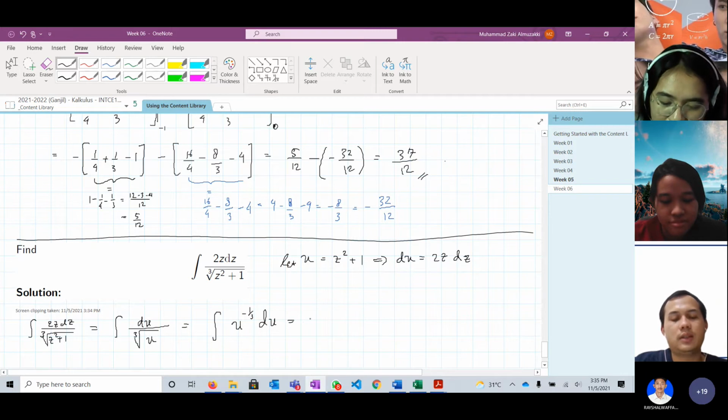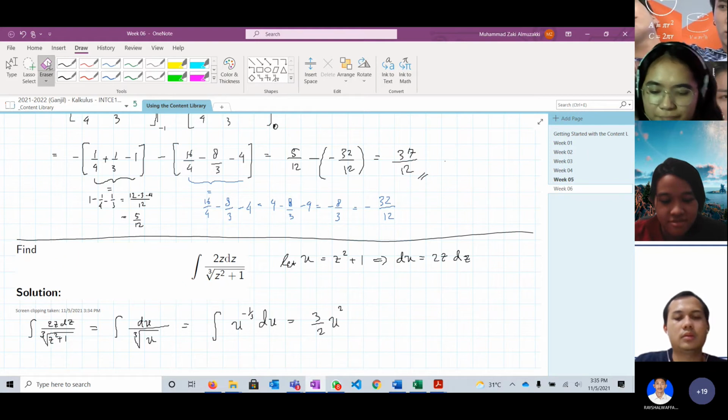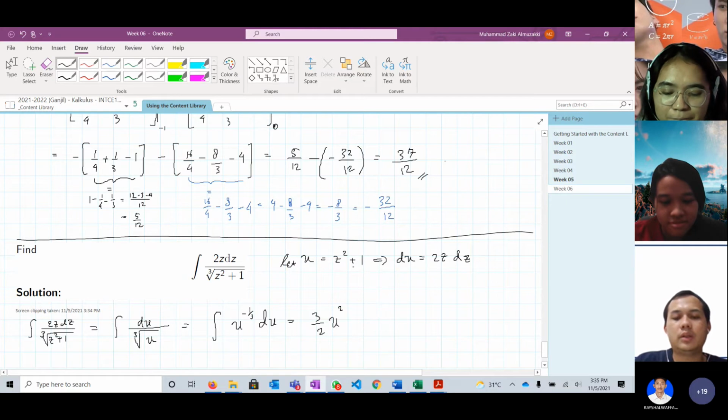which is 3 over 2 times u to the power 2 over 3, plus c.